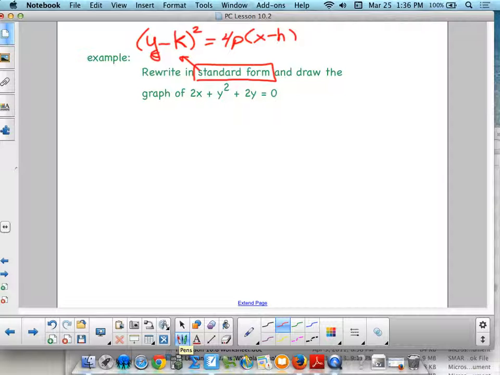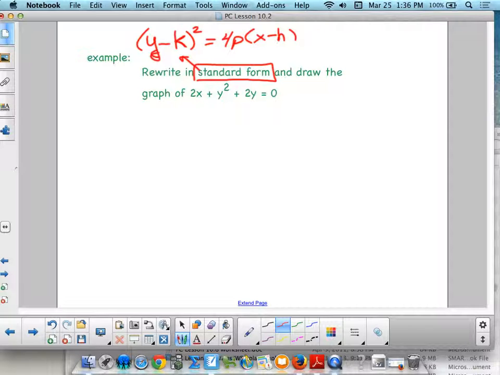Okay. Now, do you remember back in chapter 1, chapter 2, chapter 3? We did something to equations to make them look like this. This is a binomial squared. Binomial, like y minus 5 squared, y minus 10 squared. What process was that called again?